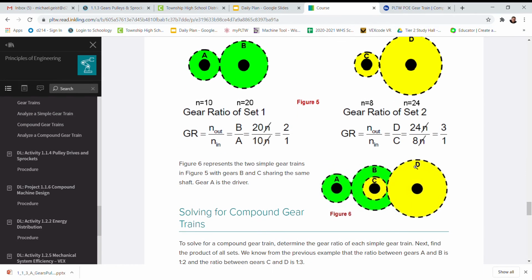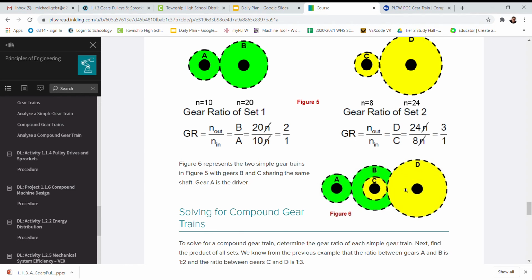The total gear ratio is then found by multiplying the two gear ratios together. Okay, so if I have a gear ratio of 2 in this first simple gear train, and then a gear ratio of 3 over here, 2 times 3 gives me a total gear ratio of 6.